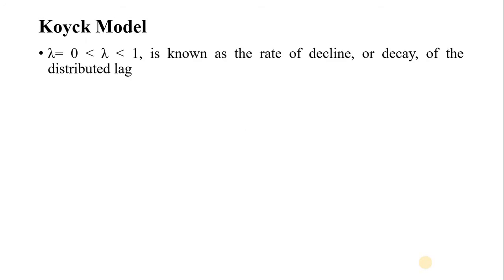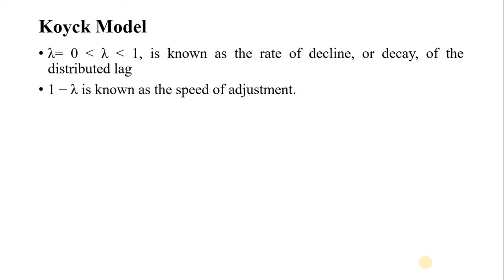So this lambda will be the rate of decline, or rate of decay, or yeah, we can call it the rate of decline. And this rate of decline will always lie in between 0 and 1. So if lambda is the rate of decline, then what will be 1 minus lambda?